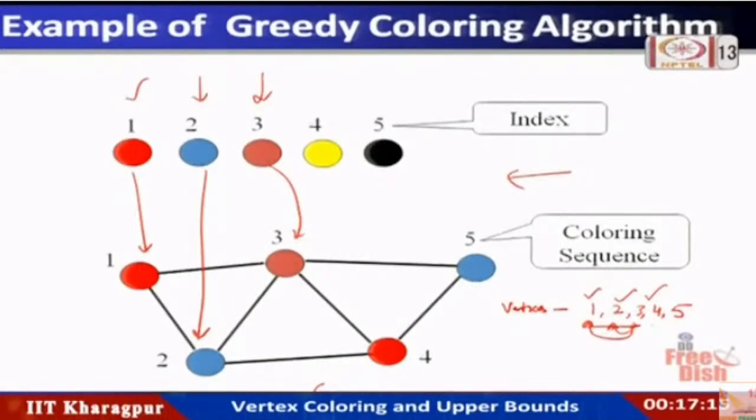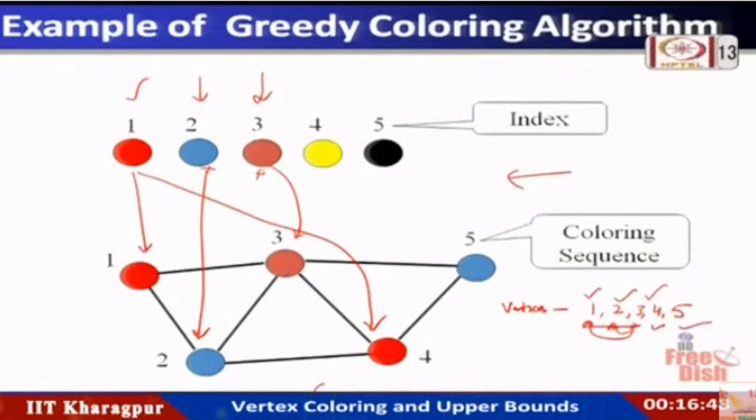Now, coming to vertex number 4. The neighbors of 4 who have used the colors earlier are 3 and 2. So color 3 cannot be used and color 2 cannot be used. So the smallest index color which is available is 1. So 1 will be assigned to this particular vertex.